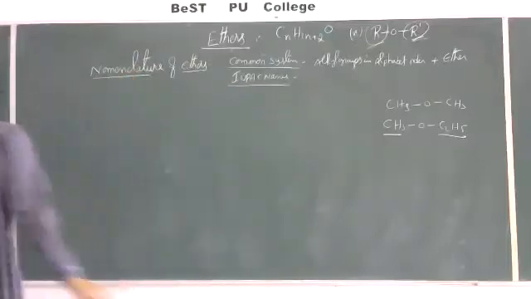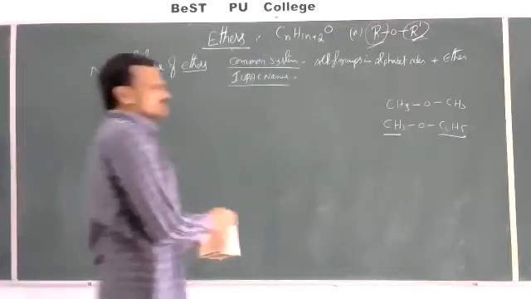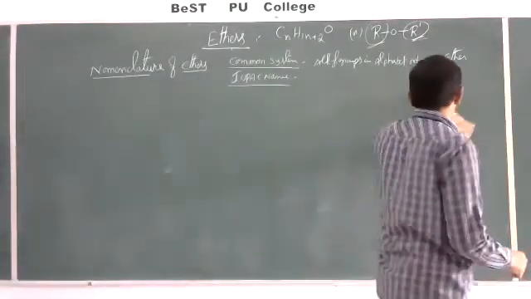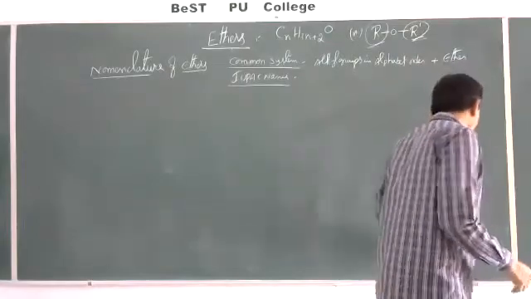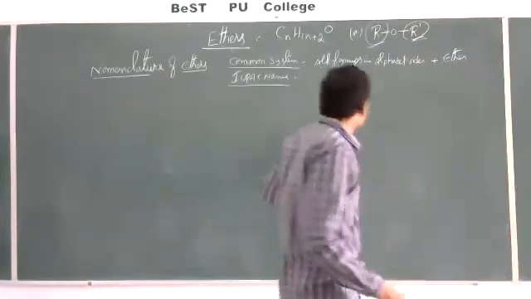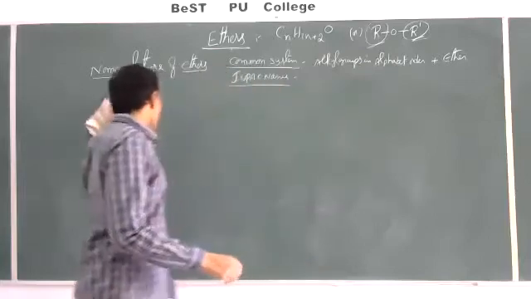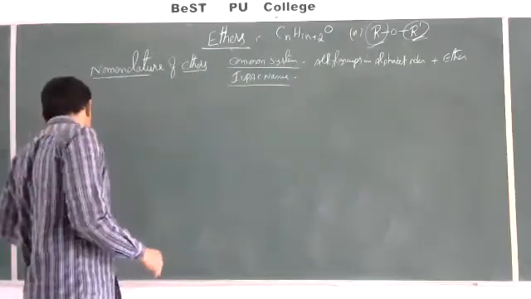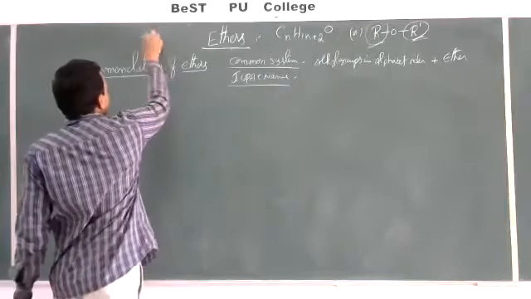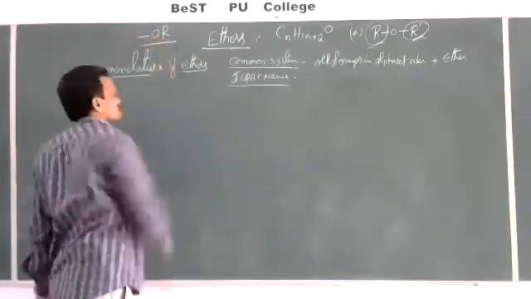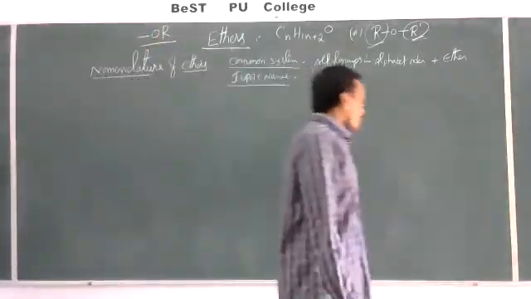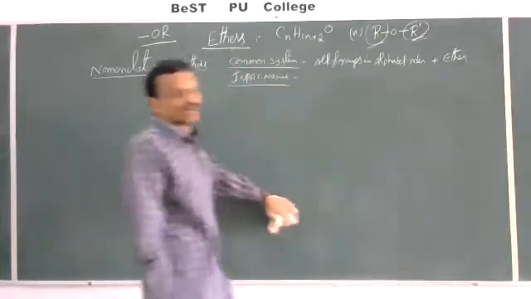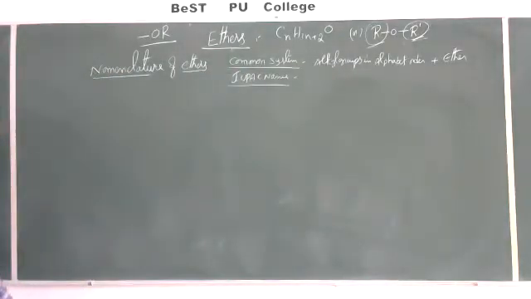See, in writing these names of ethers, always the ether group is represented as a prefix, not as a suffix, as per the rules of IUPAC nomenclature. So the functional group of ether is OR, and this OR is nothing but alkoxy. That alkoxy group is always represented as a prefix, not as a suffix.